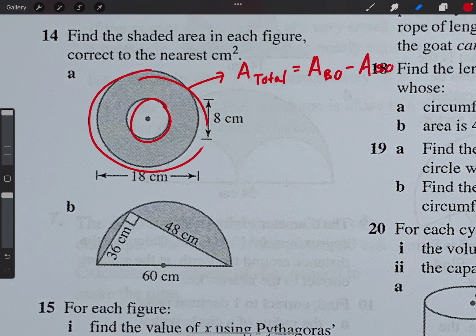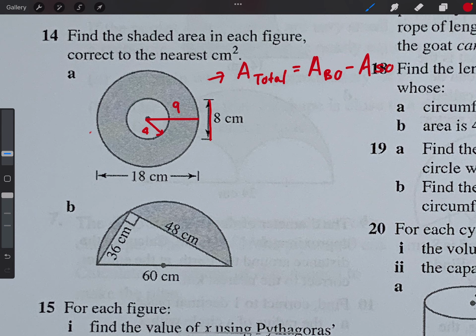Okay, so I'll show you. You're given the diameter of the big circle, which means the radius of the big circle must be half of that. So if that's 8, this must be 9. And the diameter of the small circle is 8, so the radius must be 4.